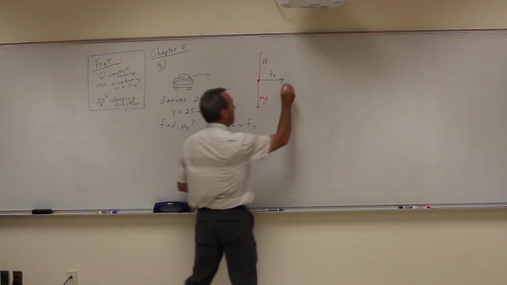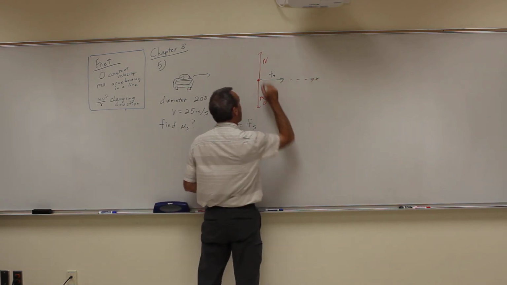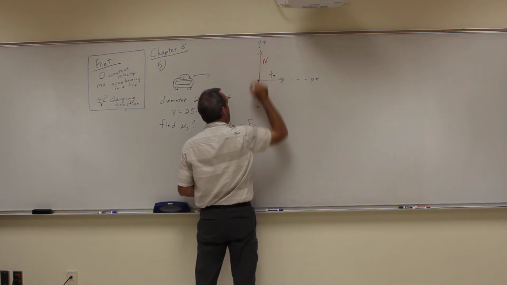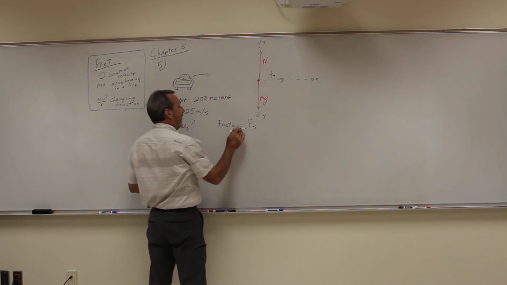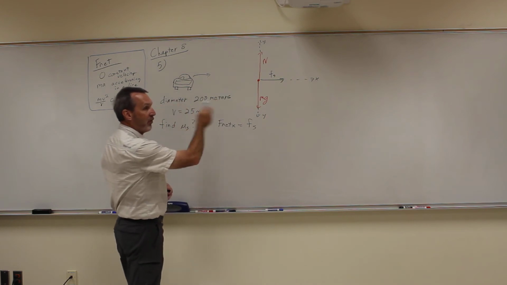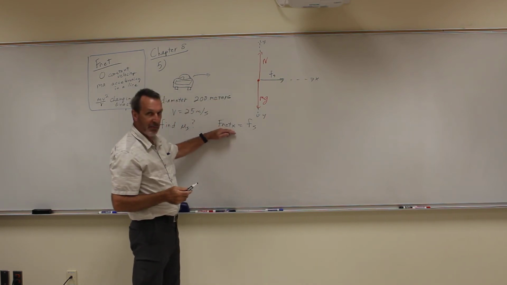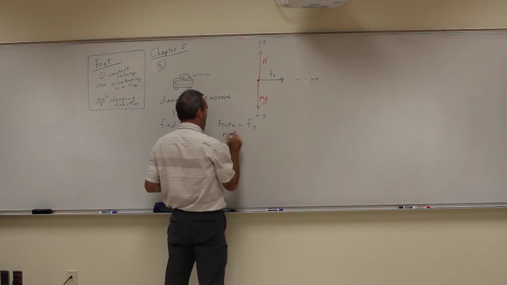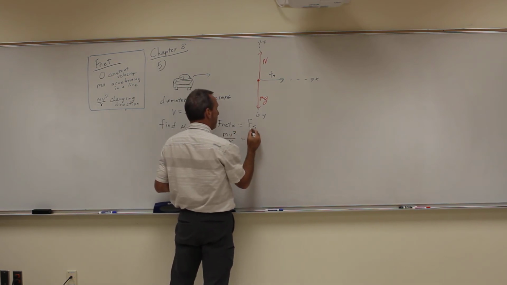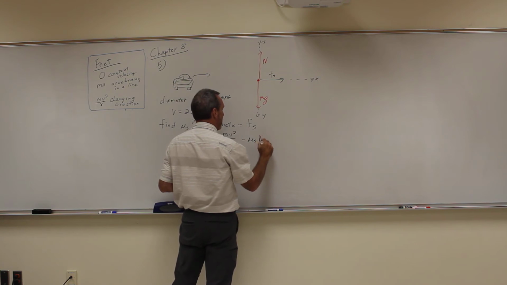Okay, because they're both already on the axis. So this is the x-axis, y-axis. And it's making a corner, so it's making a horizontal circle, so this has to become mv squared over r. So this is mv squared over r is equal to the static friction force, which is mu sub s times the normal force.